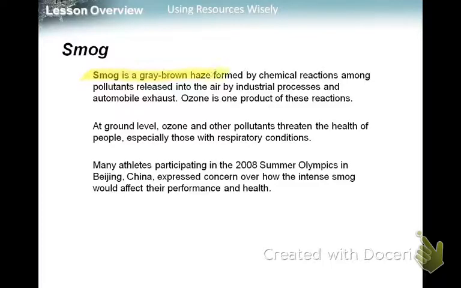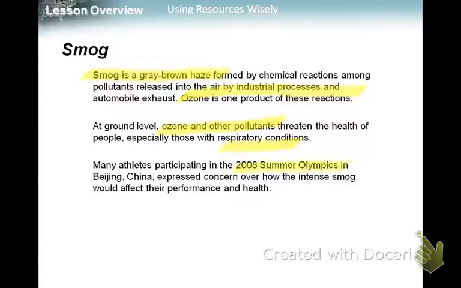Smog is a gray-brown haze formed by chemical reactions of pollutants that are released into the air by industry and by cars. Ozone is one product of these reactions. So ozone and other pollutants affect people with respiratory conditions.